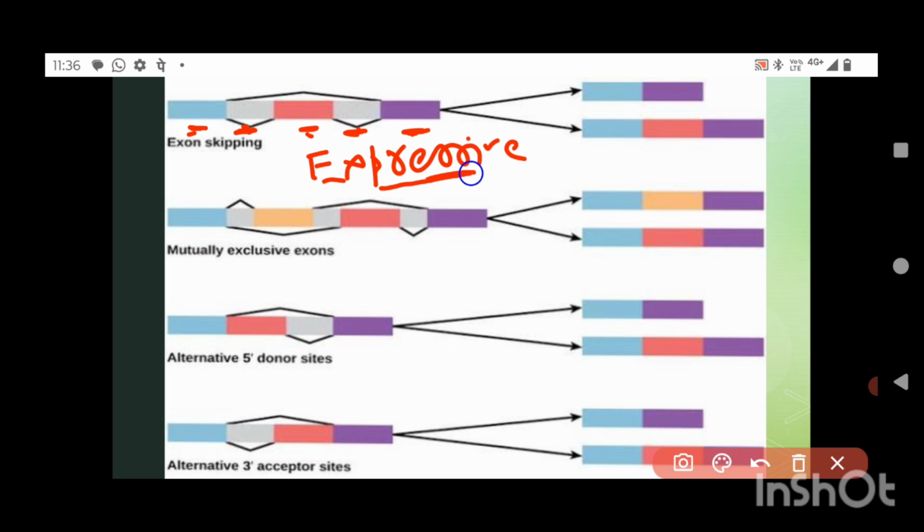After the splicing, these coding sequences get attached. Various types of splicing can happen, like exon skipping of the introns, and mutually exclusive exons during splicing.